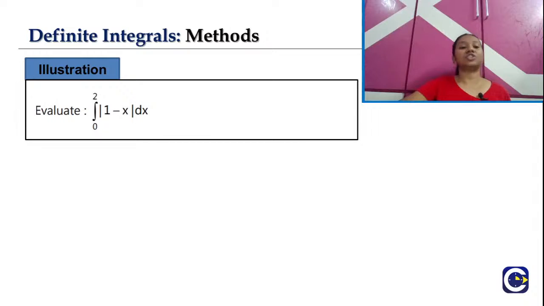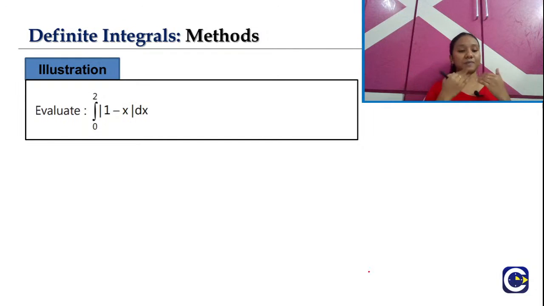Before getting into the next property, let's solve a question here. As I mentioned, this splitting property which we have seen right now, that is our third property, is mostly applicable when we have a modulus function. Because for a modulus function, it is obvious that it will be varying. If we substitute one value, the expression inside the modulus gives negative.